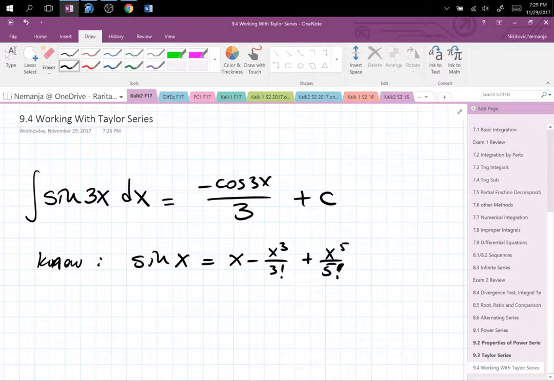They're asking me for sine of 3x, which is where the composition property that we had in 9.2 kicks in, which allows you to replace each x with 3x.